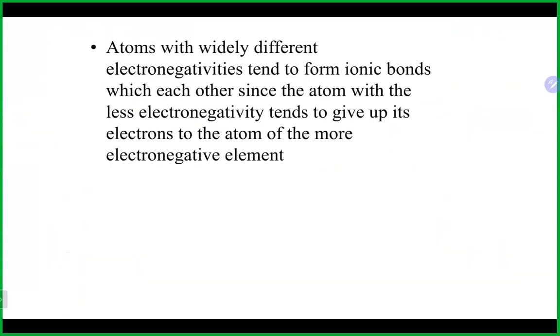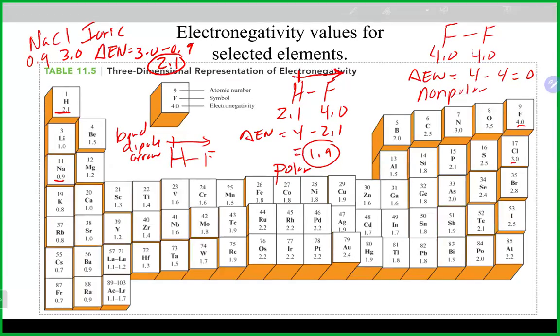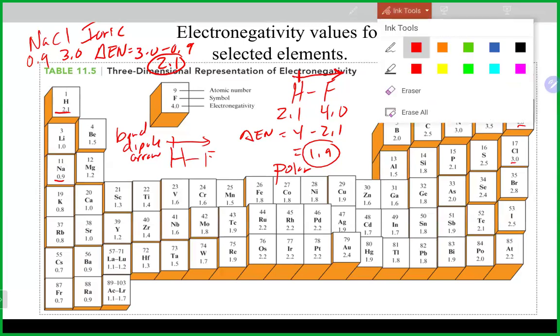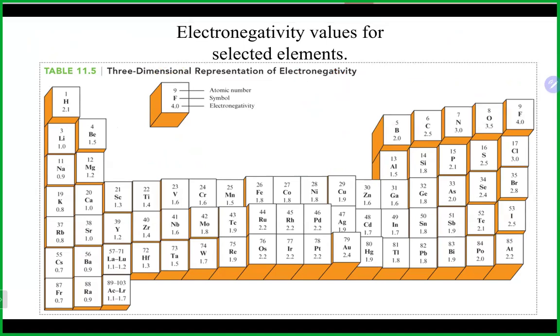So let's take a look at, not that. That is the only one I got, huh? All right, so why don't you try some here? Let's get rid of all the scribble I just did there. Why don't you decide, is it going to be an ionic bond, a polar bond, or a nonpolar bond?